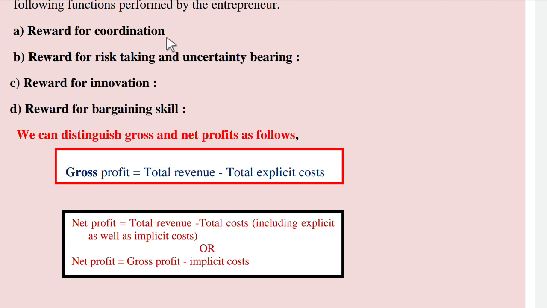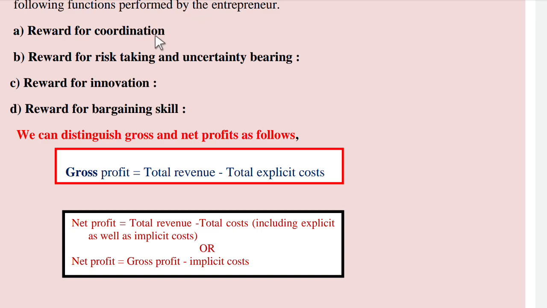Reward for coordination. The entrepreneur organizes and coordinates the work of production. It is because of him that the productive unit comes into being. It is he who draws up the plan of the business and gives it full shape, and for this the entrepreneur is rewarded. It is very important.